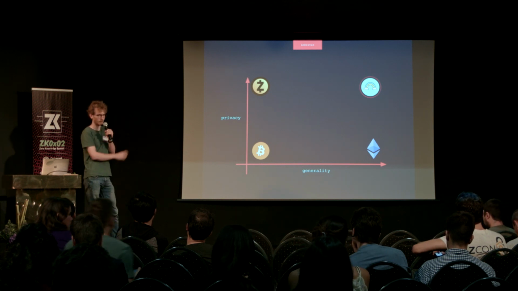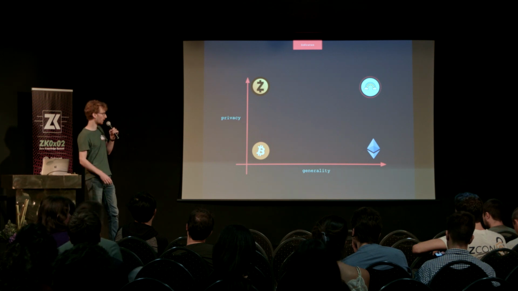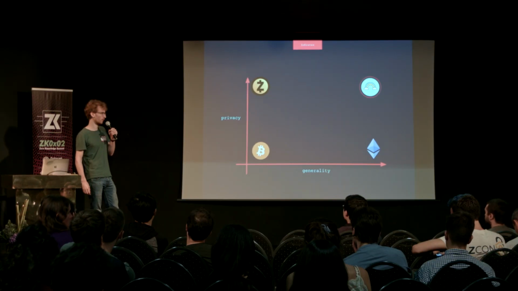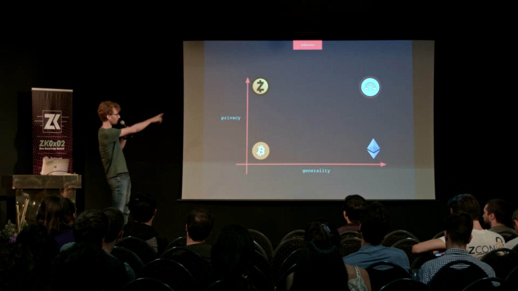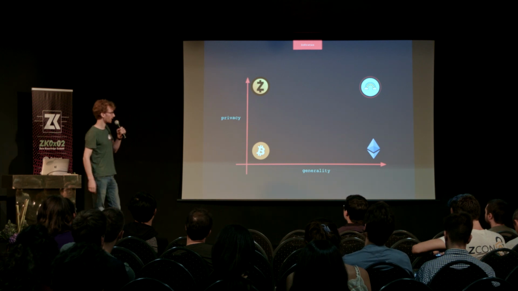And privacy on the other side with Zcash, with kind of more private systems. What we think at ZoKrates is that by combining those two aspects, we're likely to bring more innovation into the space and to let developers come up with the actual interesting use cases. So we really want to be up there on the right on this graph.